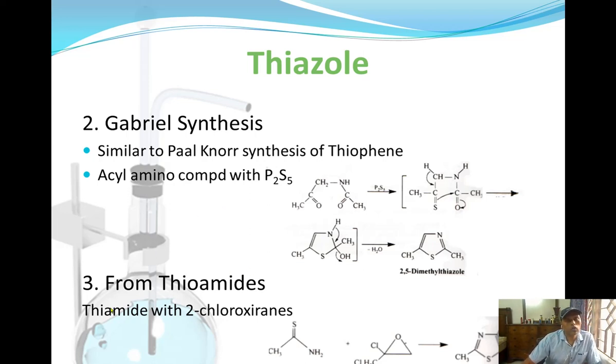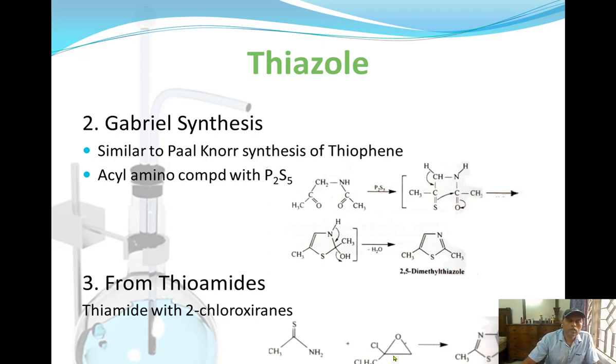Synthesis from thioamide. Thioamide is going to react with the chlorooxiranes. You have come across this product at the beginning in the heterocyclic compounds. This is a three-membered heterocyclic compound with oxygen as a heteroatom.